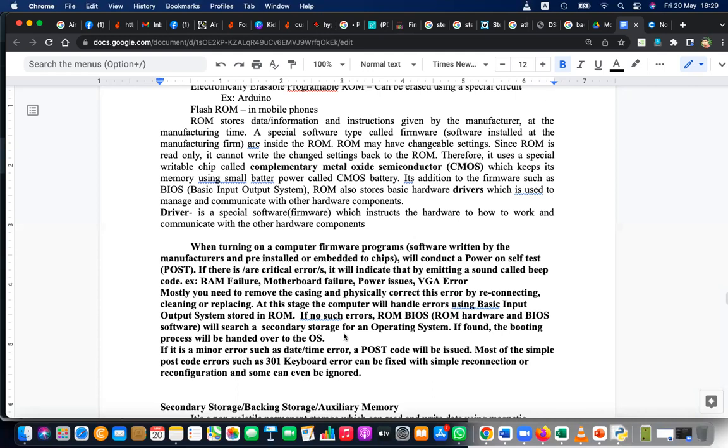If no post errors, the computer will then rely on the operating system.